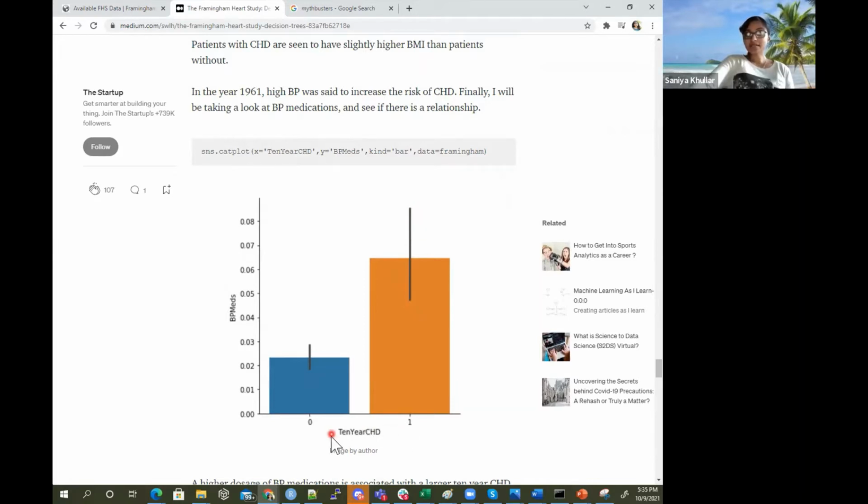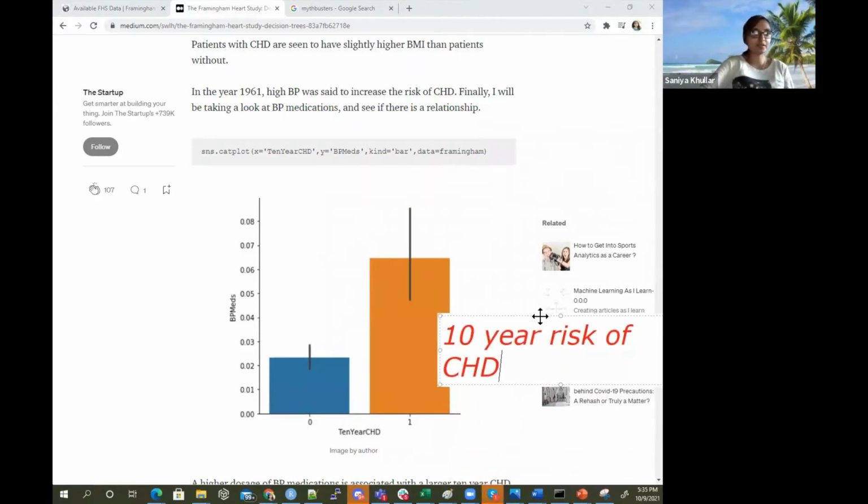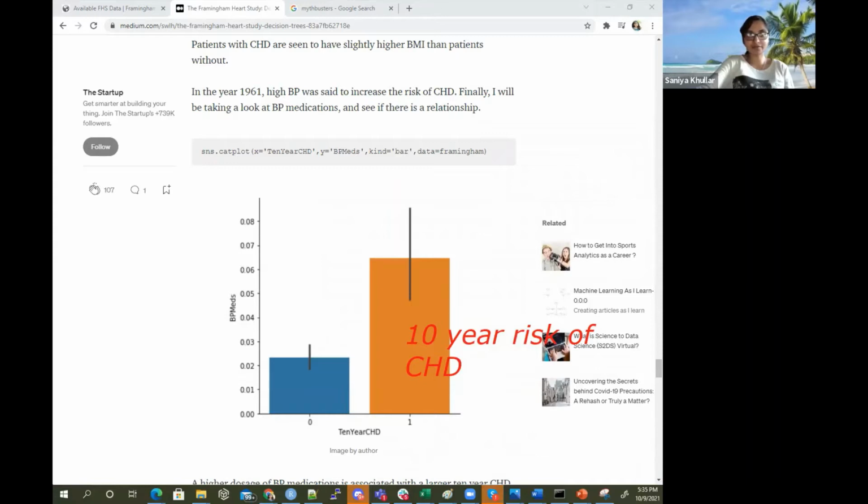And for 10-year CHD, if it's 1, what this is saying is that you have a 10-year risk of CHD. This is the worst outcome. It means you're on the path of having coronary heart disease. And this one means that you're healthy, you're good.